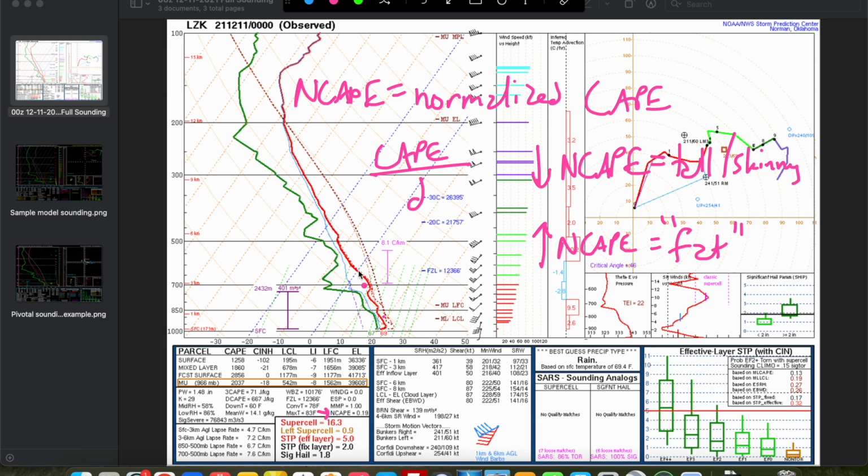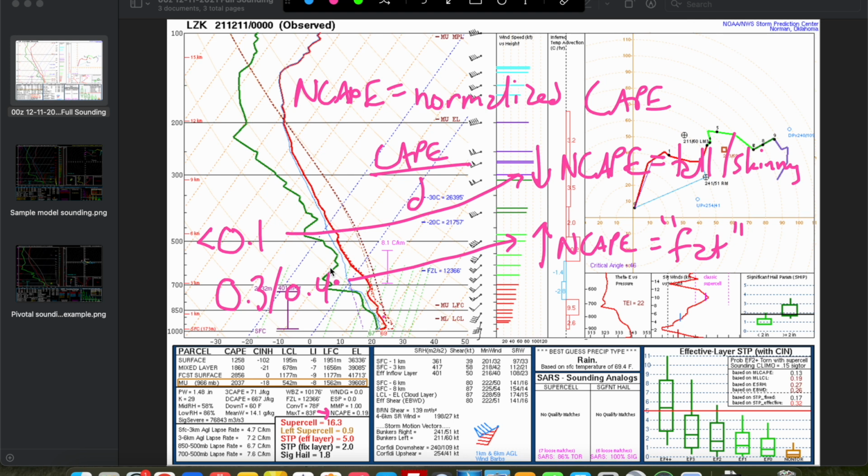So NCAPE is generally going to be a very, very small value. NCAPE values near or less than 0.1 tend to suggest tall, skinny CAPE profiles, while NCAPE values closer to, say, 0.3 or 0.4 mean a more fat CAPE profile.